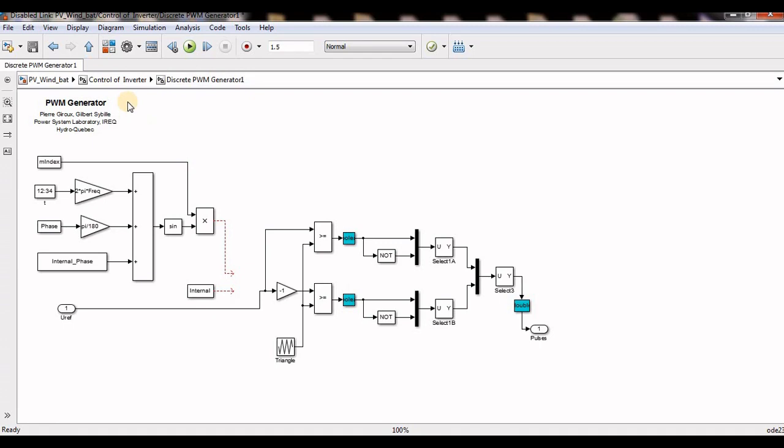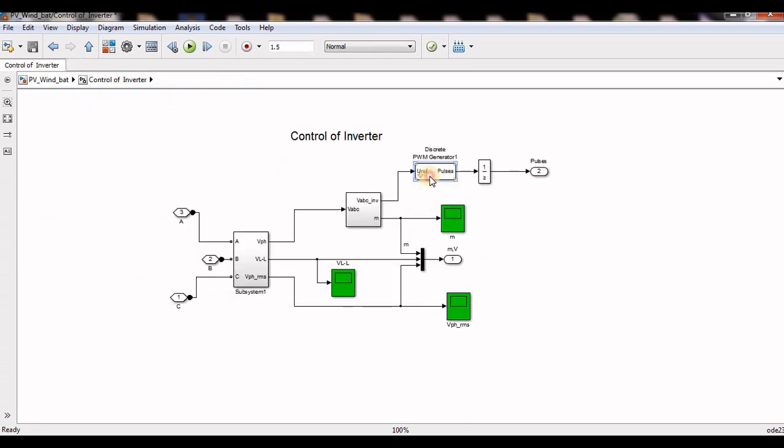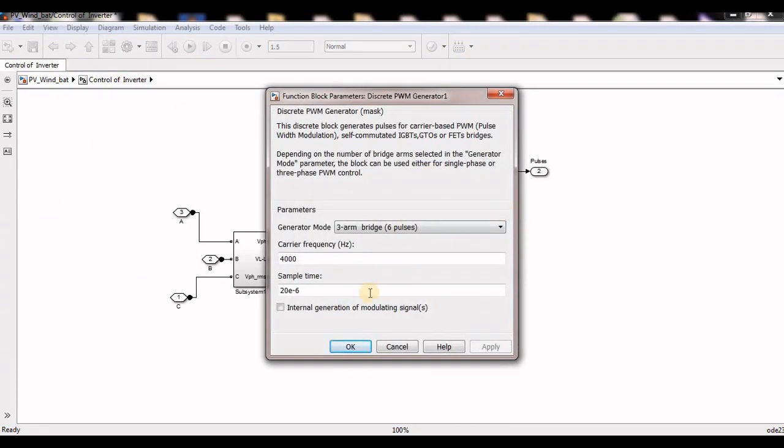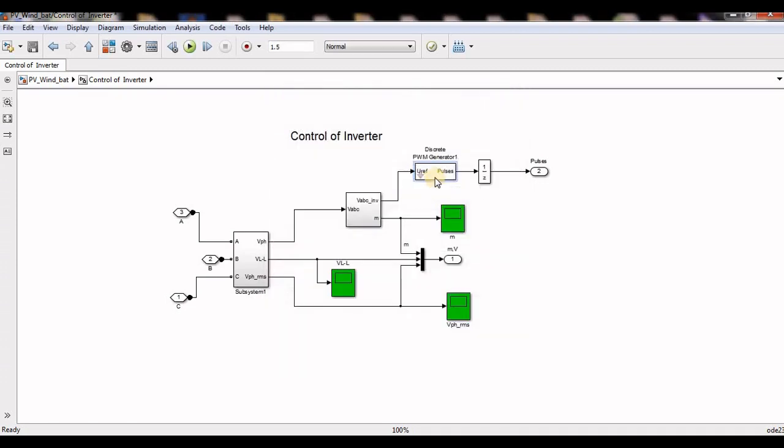Maybe some students, by default or by mistake, will click on this. If you click on this, you are unable to regulate your AC RMS according to your load. If the load is more, then the AC RMS will be reduced because the modulation index is fixed.